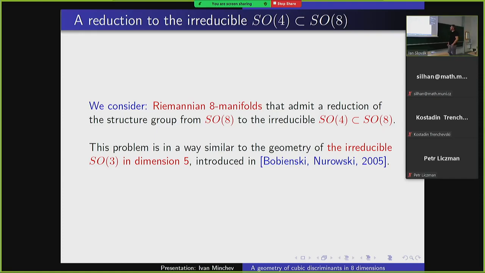I will just mention a few facts first about this case, the reducible SO(3) in dimension 5, because it will help to get the right perspective on what we're doing.